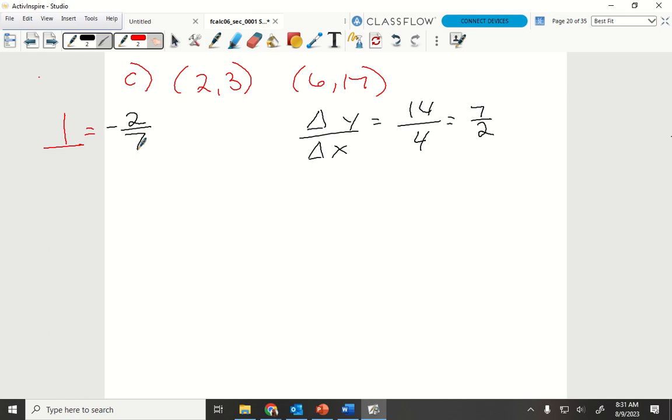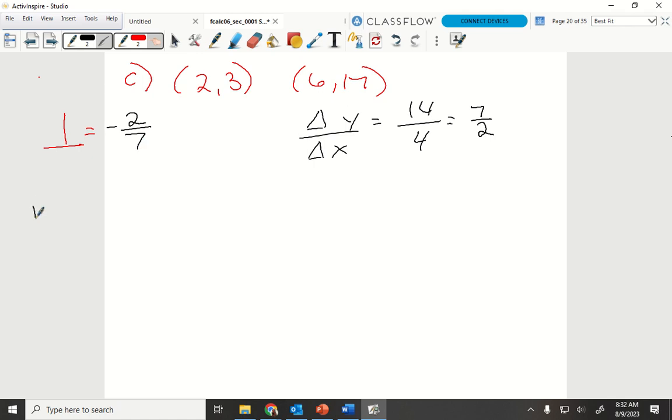Now, I'm going to show you guys how to do this. There is a formula, and that's to find the midpoint. The midpoint formula. I don't know if you guys remember it. It's basically that the midpoint would be this plus this divided by 2.